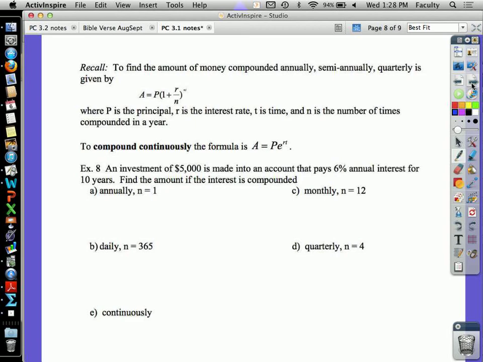Here's the minimum. You need to indicate to me you knew which formula to use and you plugged in the numbers correctly. So in this one, I'm investing $5,000, 6%, compounded annually for 10 years. This is the absolute minimum. Then use your program if you'd like.